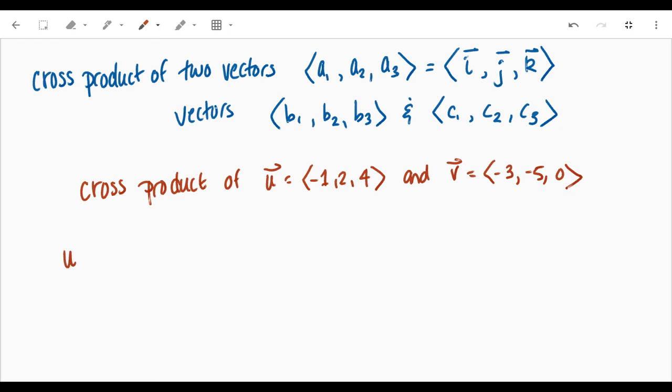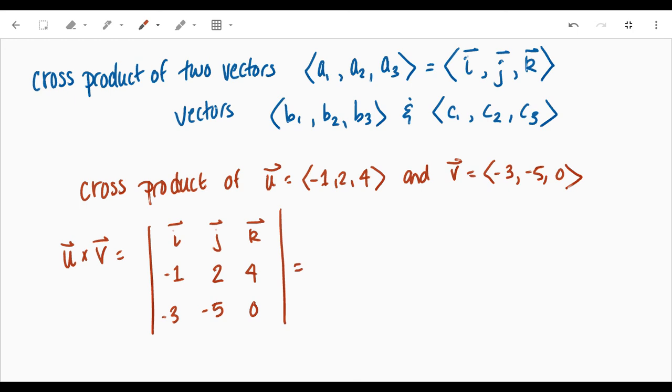So we would do u cross v, which would be the determinant. And again, we replace that first row with I, J, K. Second row will be -1, 2, 4. Third row will be -3, -5, 0. If you want to pause quick and try that on your own, I would encourage you to do that.